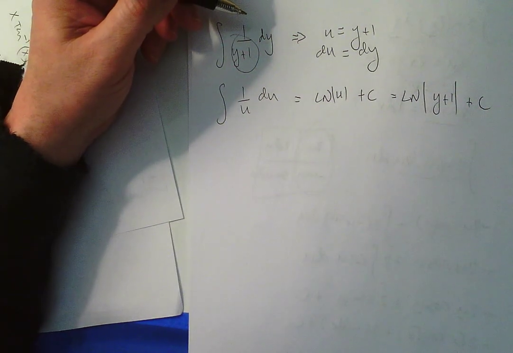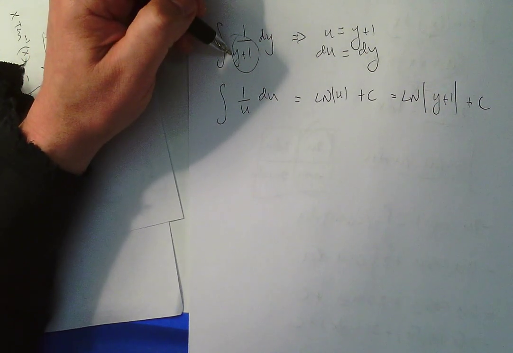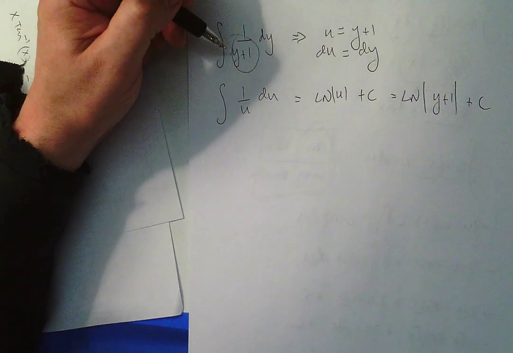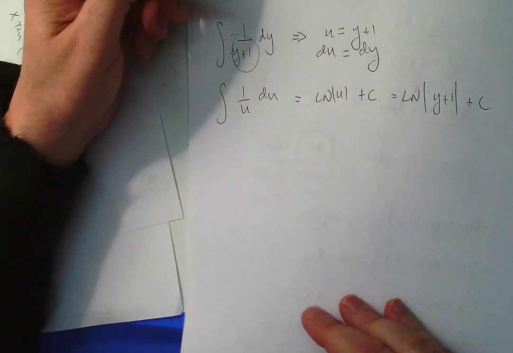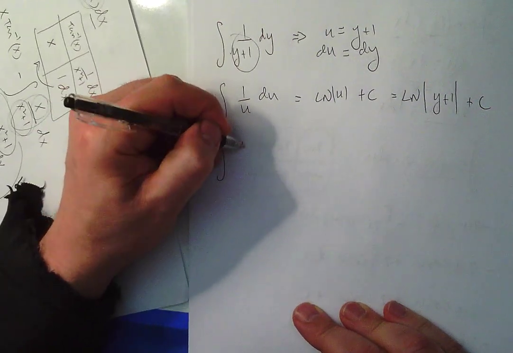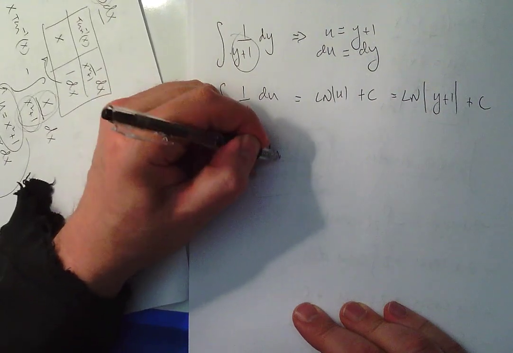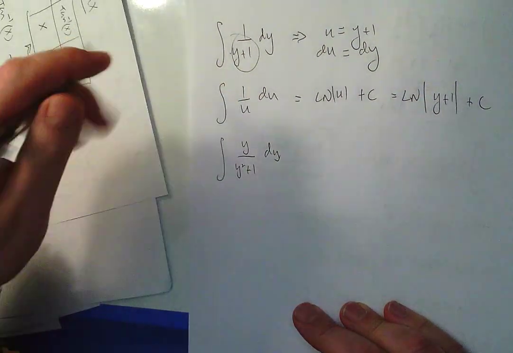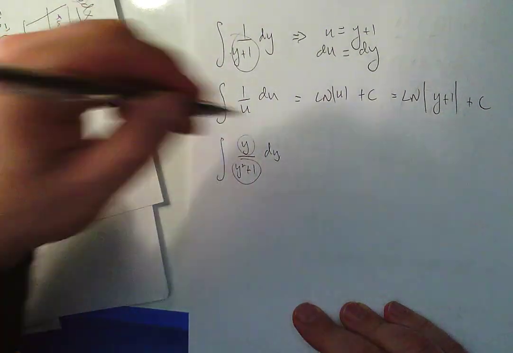Well, yeah, so the one thing I want to caution people about is often when they see things in the denominator, they say, that's going to be an ln. And sometimes it's an ln, and sometimes it's not an ln. Okay, so for example, the integral of y over y squared plus 1 dy. Again, this is a u sub. I see a function and part of the derivative of that function.